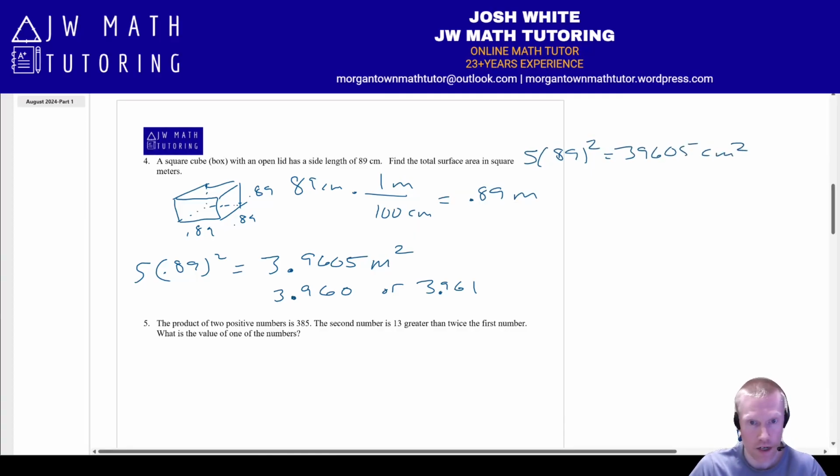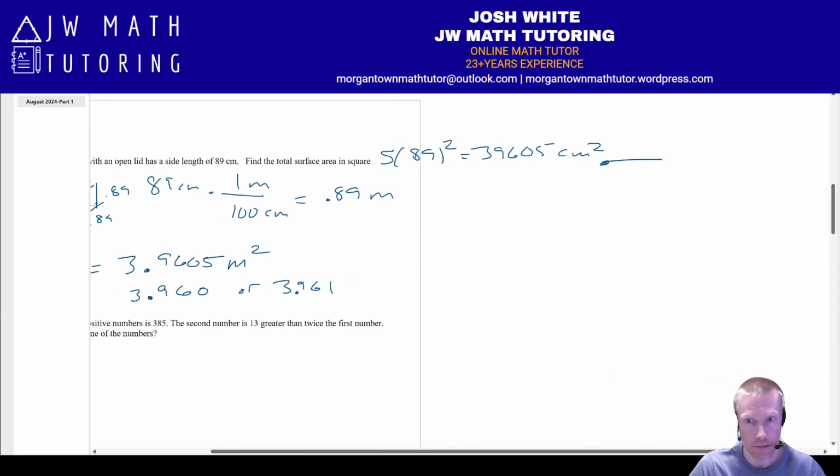Okay, so this is the total area in square centimeters, but then you have to convert square centimeters to square meters. So technically, you have to divide by 100 twice. Or if you use factor label, it's like 100 centimeters, 1 meter, and then you have to do it a second time. 100 centimeters, 1 meter.